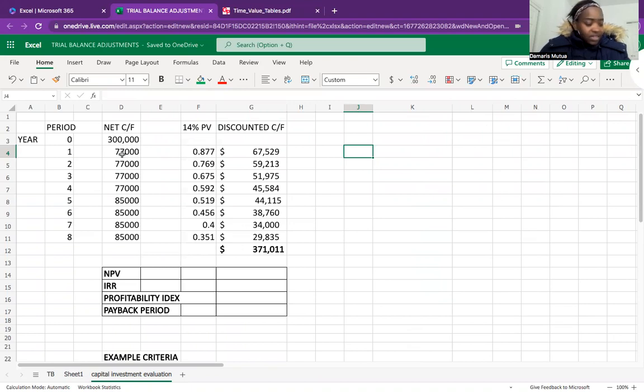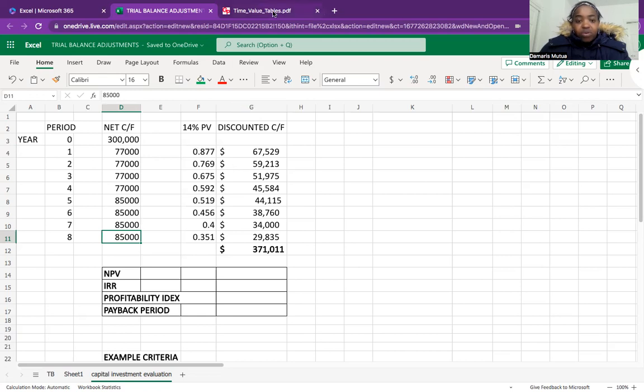Then the net cash inflows, 77,000 for year 1, year 2, year 3, year 4, year 5, then 85 in year 6, 85 in year 7, and 85 in year 8. So those are the inflows. And our discount rate, which is our hurdle rate, we're using 14%. And the 14% hurdle rate is the minimum rate of return that the organization accepts.